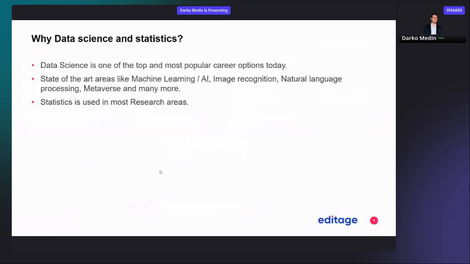Now, why are data science and statistics important? Why is it also a good career option? It's important to understand that this is a skill that's highly in demand today. It's deployed by most companies in the world, and not just companies, but also research institutions from the academic background.